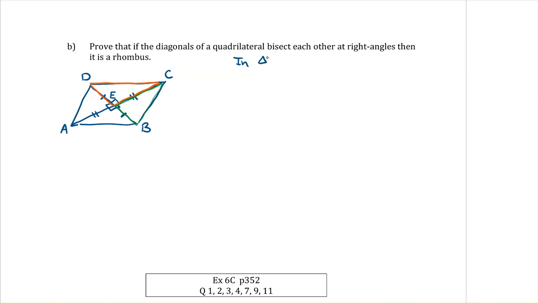So let's write that down. In triangle DEC and triangle BEC, I have got some sides in there that I can use, and the right angle's in between the sides, so it's going to have to be SAS. So let's write down what we have the same. In the orange triangle, I have a one line marking on DE, so that's going to be equal to BE. Okay, that was given because we were told that the diagonals bisected each other, okay?